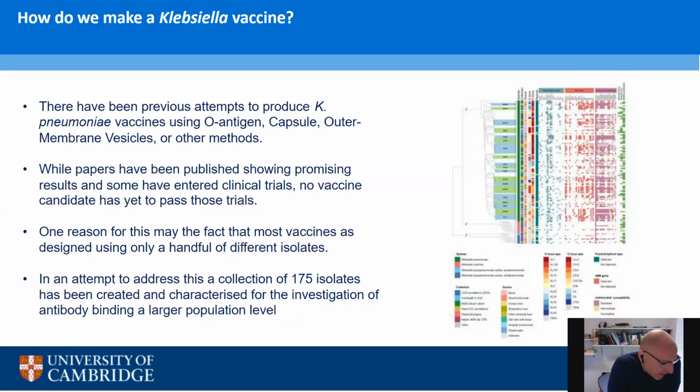What we've done is get together a large collection, 175 isolates that we've characterized genetically and performed a load of different morphological testing, both in the laboratory, but also through the Opera, to really characterize this complex species to understand how it may behave with respect to immunization.